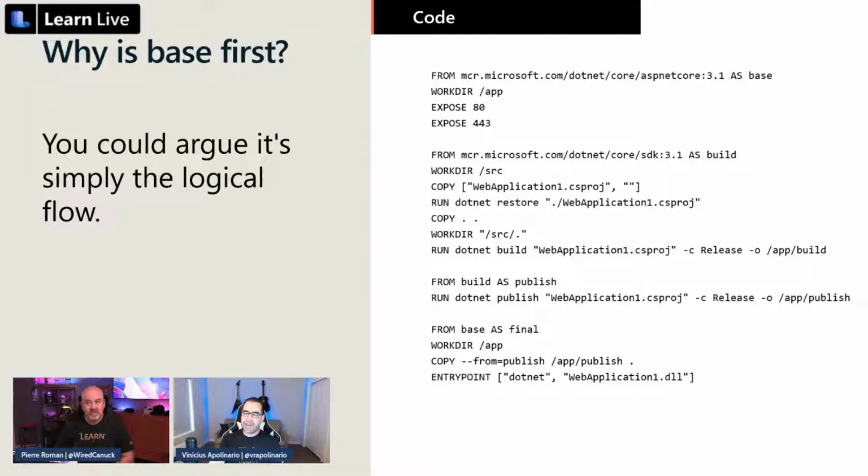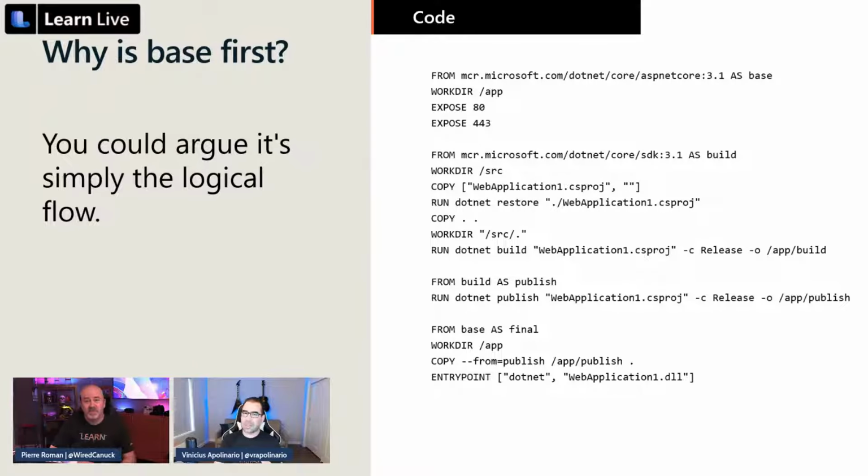If we had the base one at the end, before or along with the final, then when you run locally and try to test your application inside Visual Studio, it's going to compile the application and use a target stage.